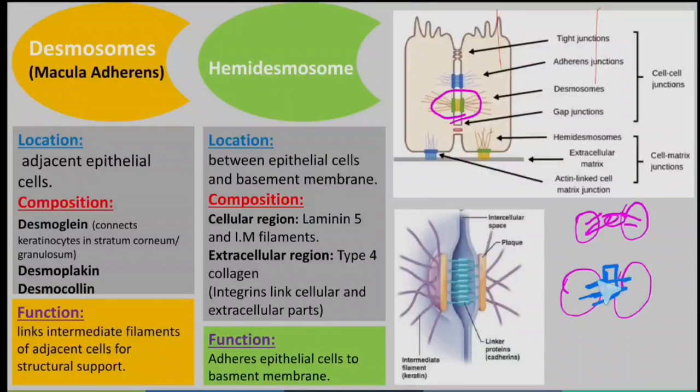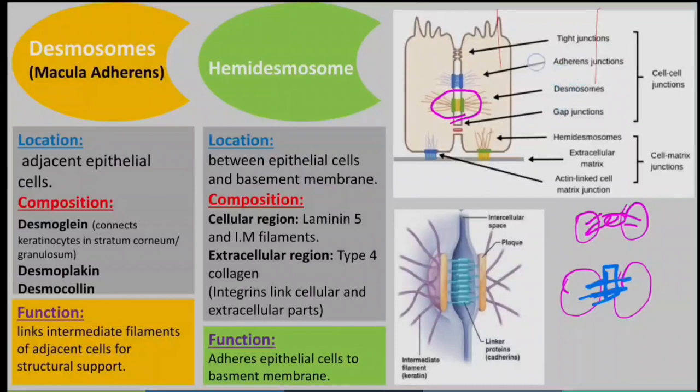So desmosomes are going to link two adjacent epithelial cells with their intermediate filaments. The thing about intermediate filaments is that they are thicker than the actin, and they provide a better and stronger structural support to keep the cells in their places firmly.